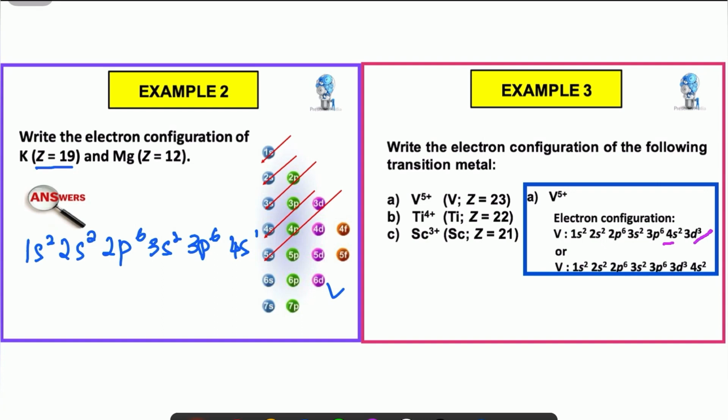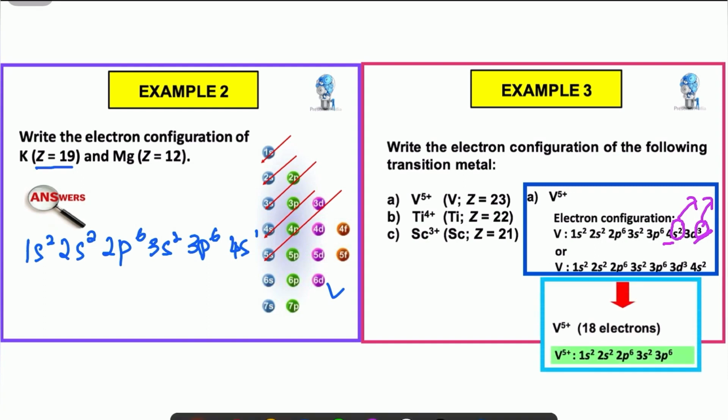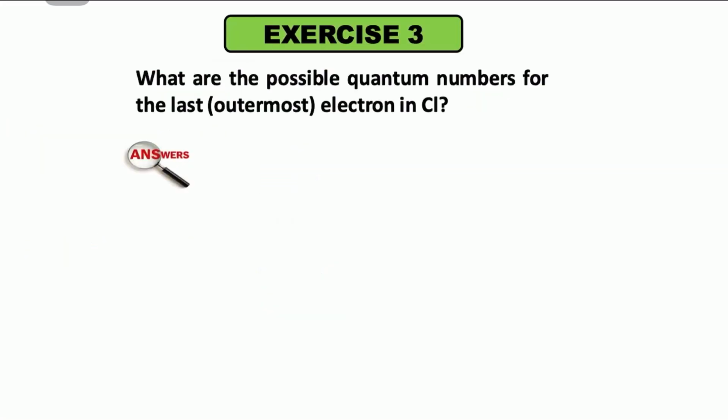In orbital 4s there are 2 electrons, so you need to remove these 2 electrons. You need to remove 5 electrons, so now you remove 2 electrons from the orbital 4s. You need another 3 electrons to remove, which is from the orbital 3d. So the electronic configuration for the V5+ is 1s2, 2s2, 2p6, 3s2, 3p6.